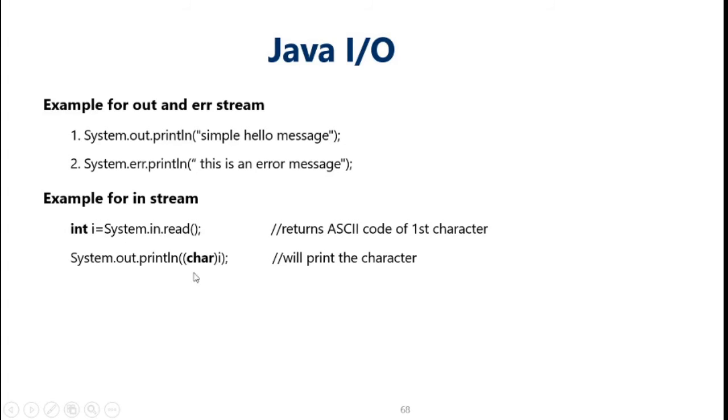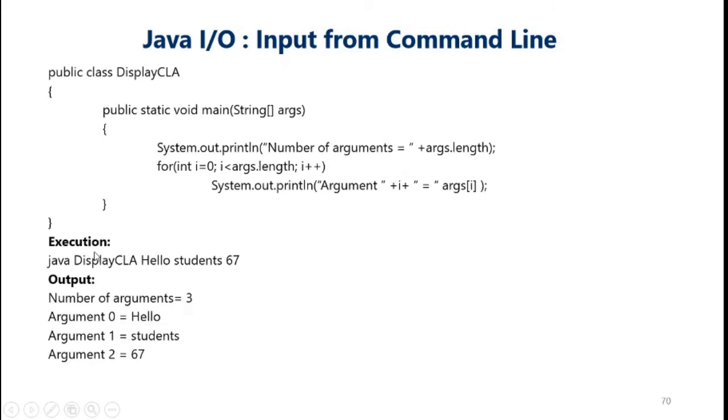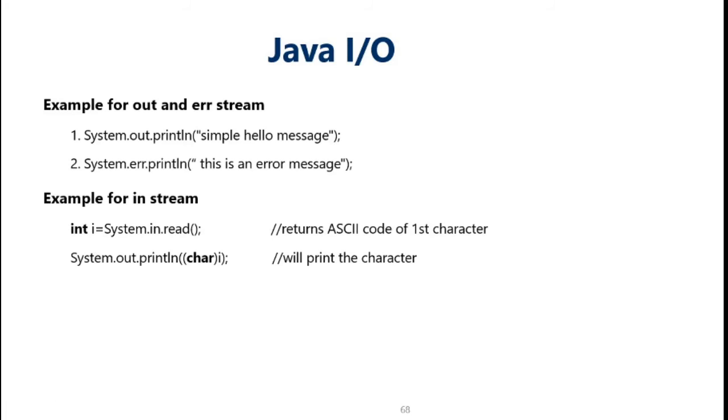Then you can display the value of i, and it is converted to char and displayed. So it will display the character whose value is stored in the variable i. These examples demonstrate the use of the out, error, and in streams.